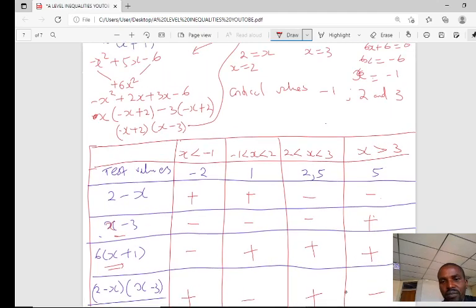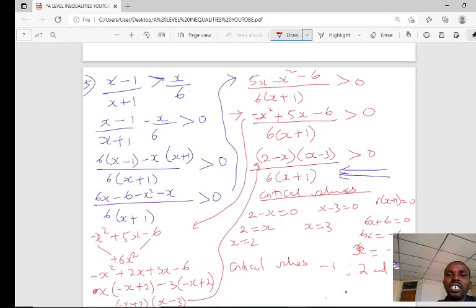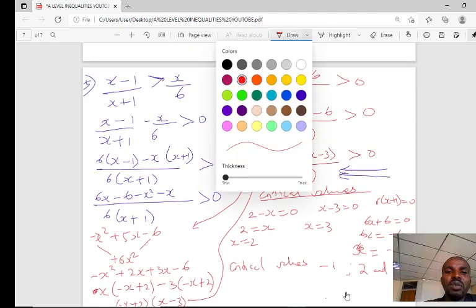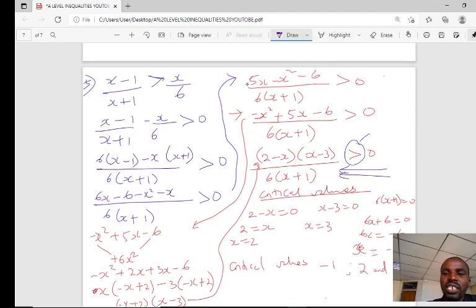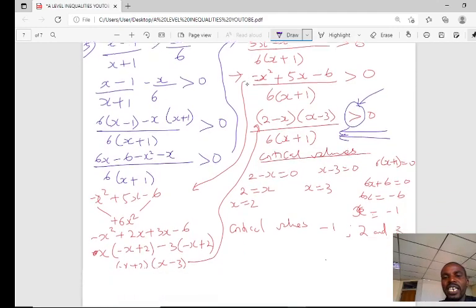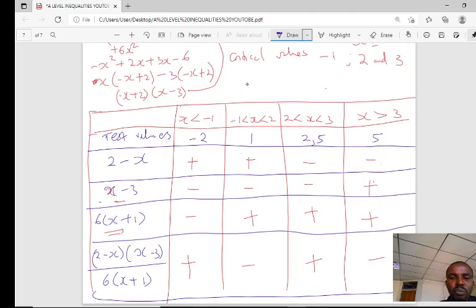So you move on. Now you go up there. You check our inequality sign. In this case, it is greater than. Greater than means you take the positives. So you take this one and this one.